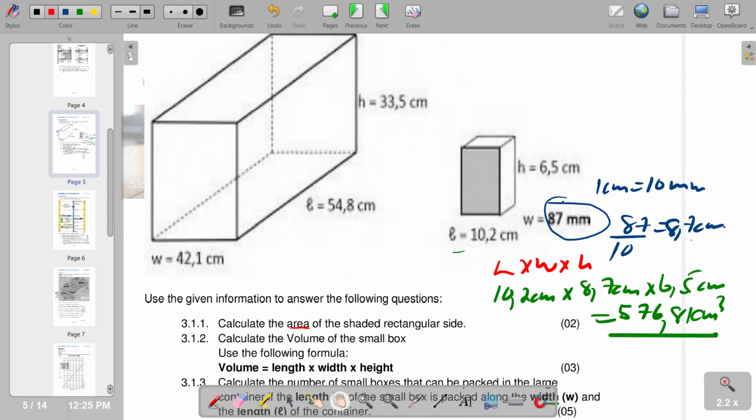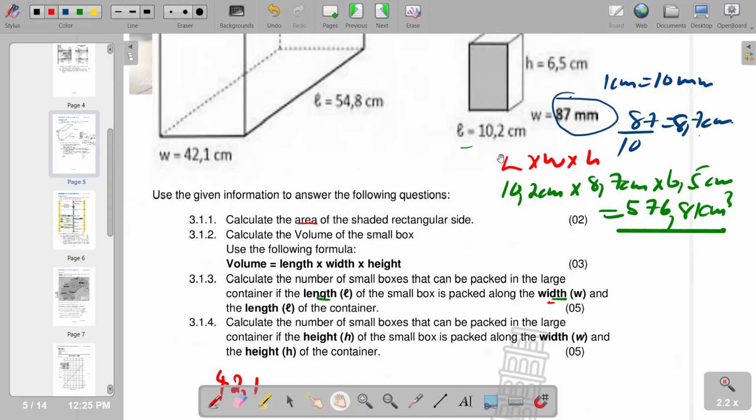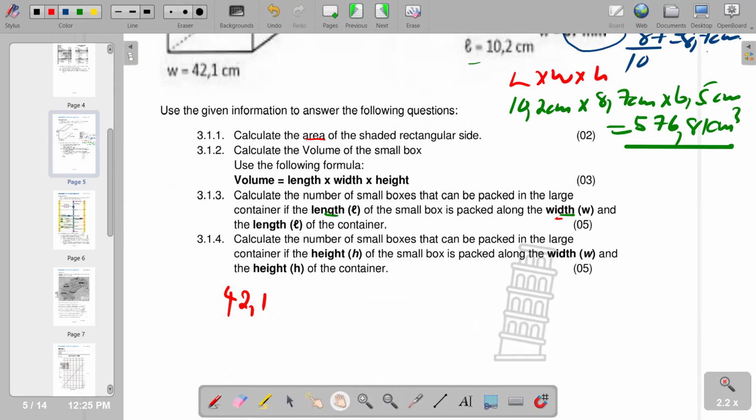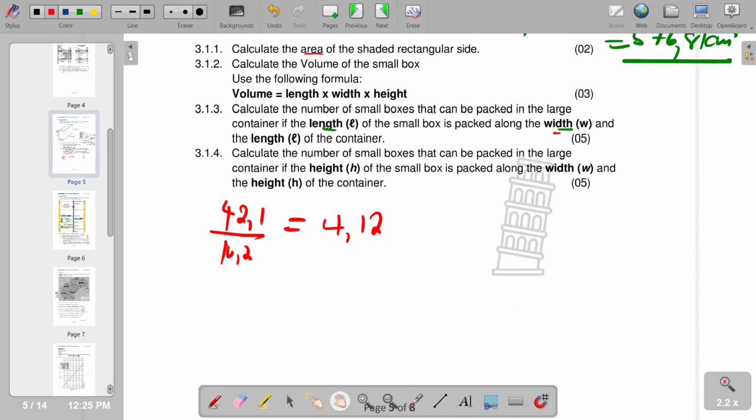That is on the width, and then we divide by the length of the small box, which we have here as 10.2. If we divide, you're going to get 4.2, which is 4 to the nearest whole number. So we have 4 boxes on that side.